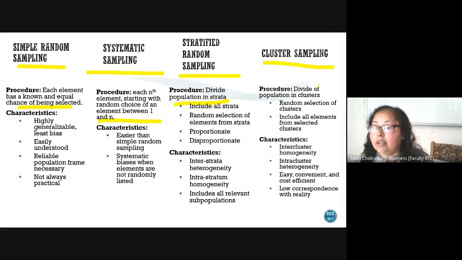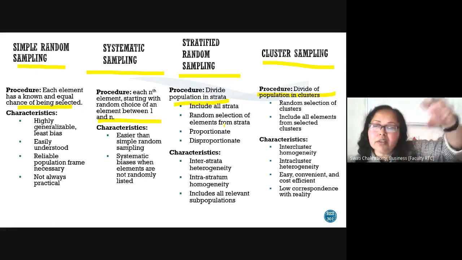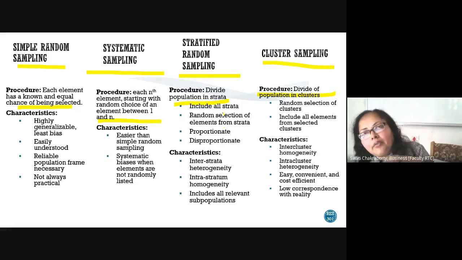Cluster sampling: you divide the entire population into clusters, randomly select the clusters, and include all the elements from the selected clusters. Unlike here, with strata, all the different strata are included, but not everyone; from each stratum, you pick some of the elements.